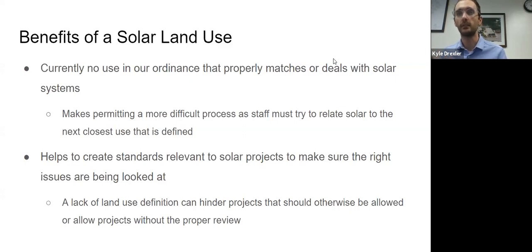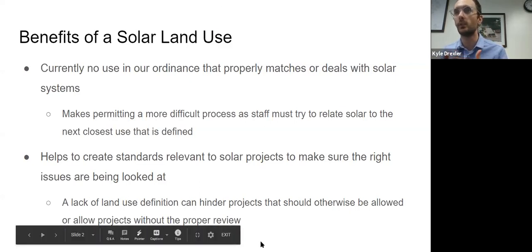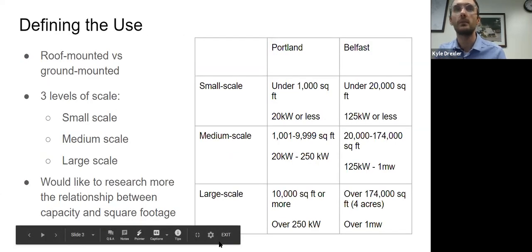So that can kind of hurt on the applicant side, because you're making them submit materials and information that don't really apply to the project. So creating a specific use really helps with that.